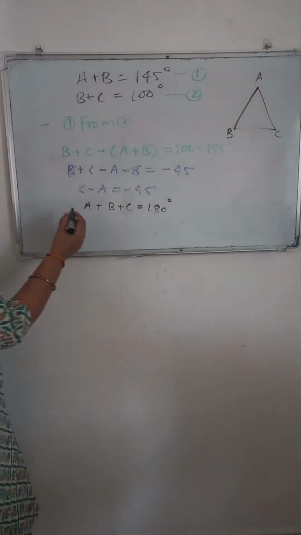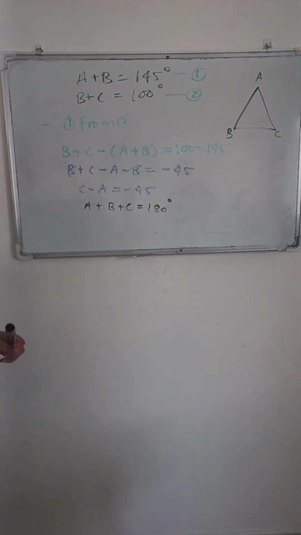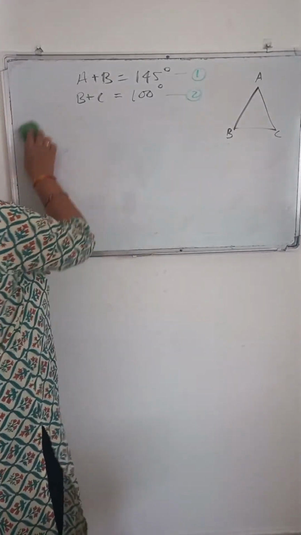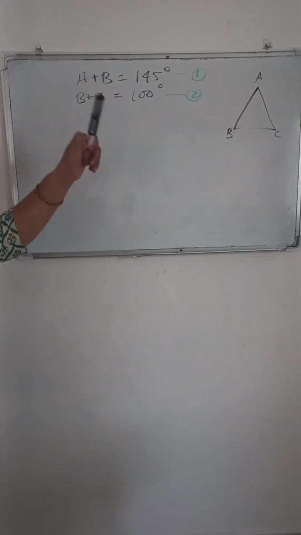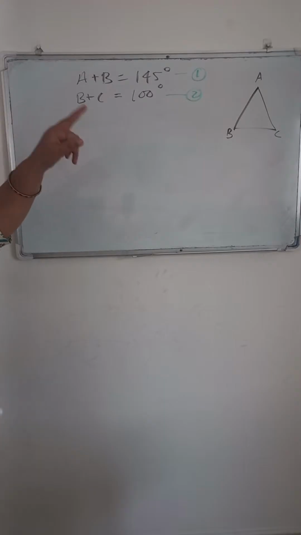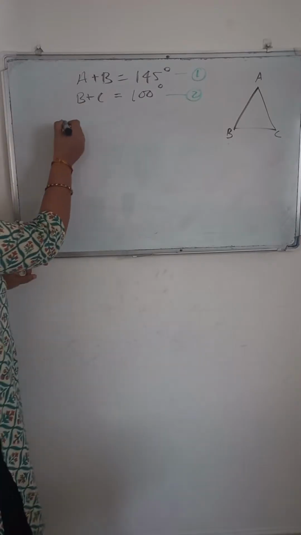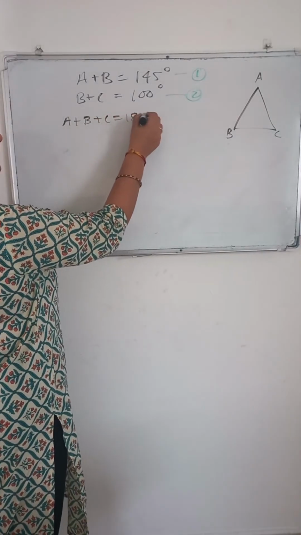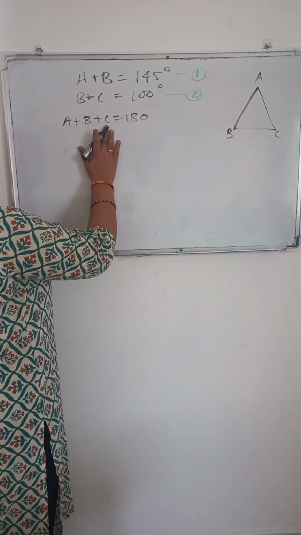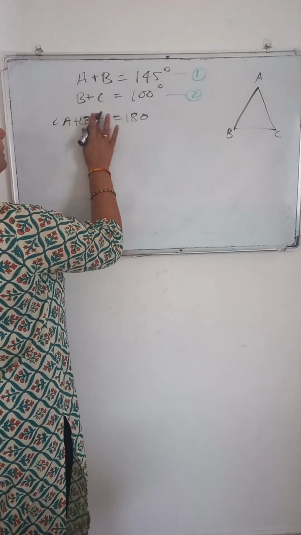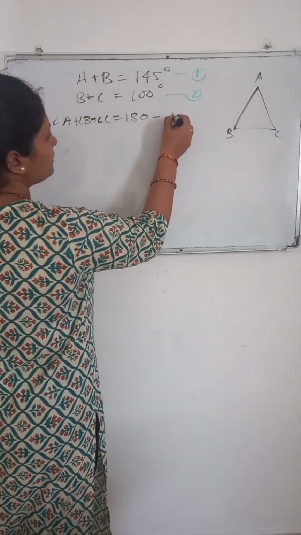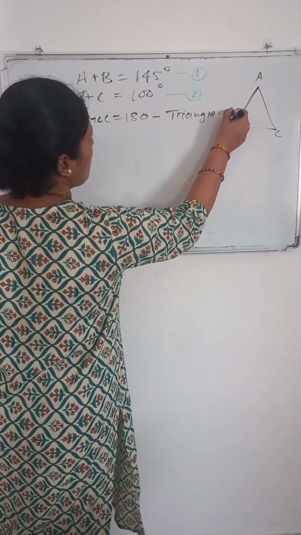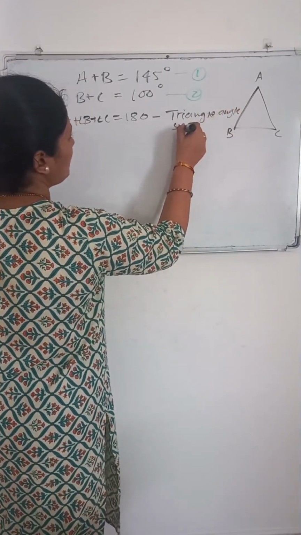And if it is 180 degrees, then no need to do all these things. So we can go with one more method. These A, B, C are the angles of this triangle, so we can say the triangle angle sum property is 180. Angle A plus angle B plus angle C is equal to 180. So this is the triangle angle sum property.